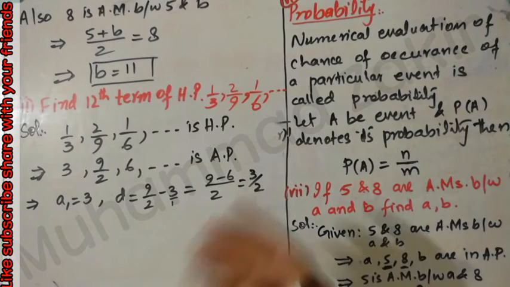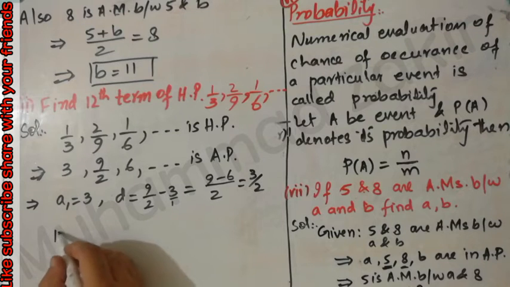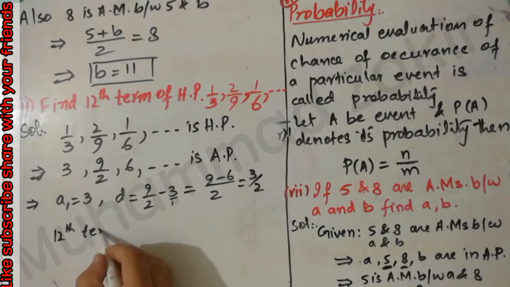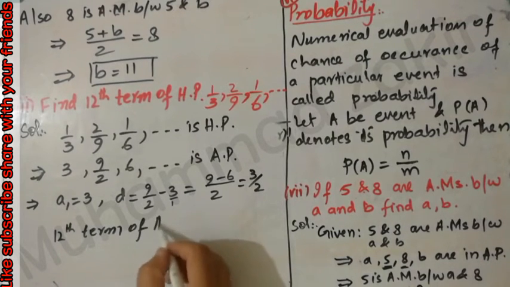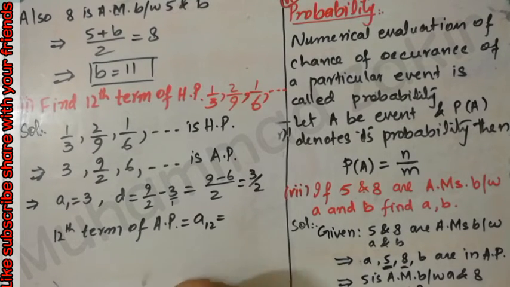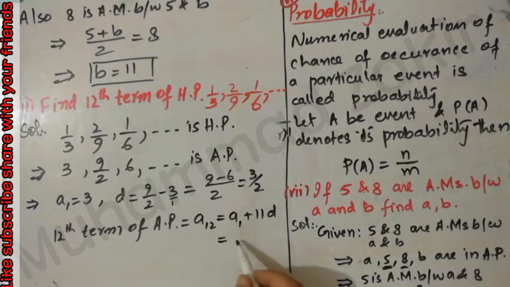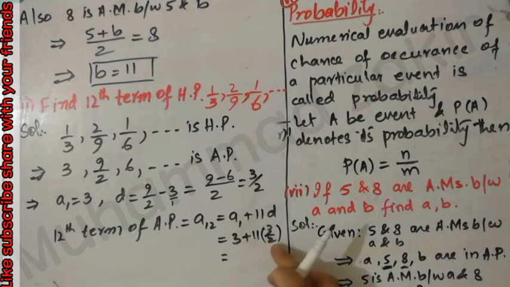Now we find the 12th term of AP, and we will invert it to get the 12th term of HP. So we write the 12th term of AP. It is denoted by A12 and is equal to A1 plus 11D. A1 is 3, 11D, 3 by 2. What will it become? 3 multiplied by 2, 6. 6 plus 11 multiplied by 3, 33.